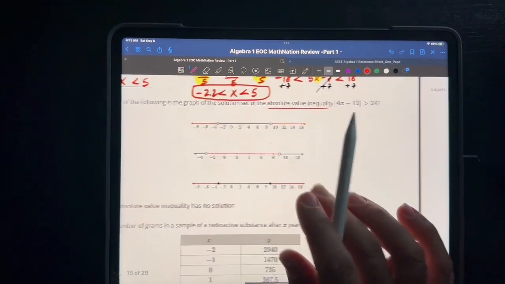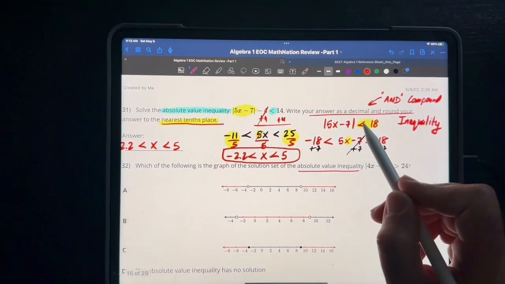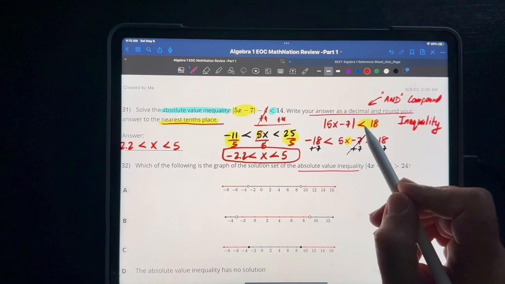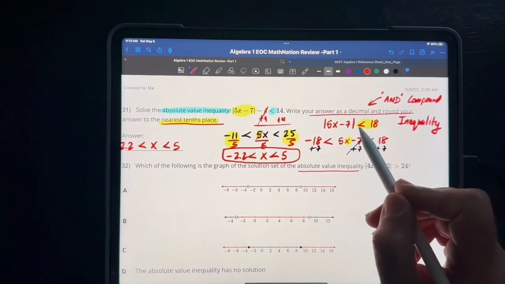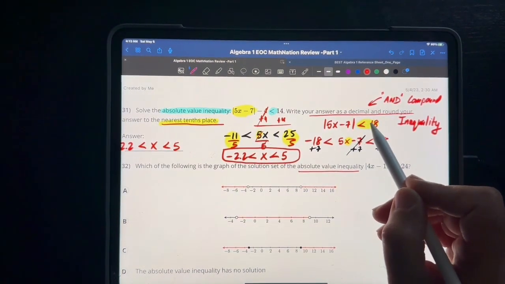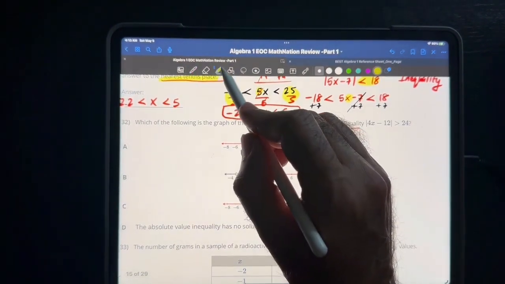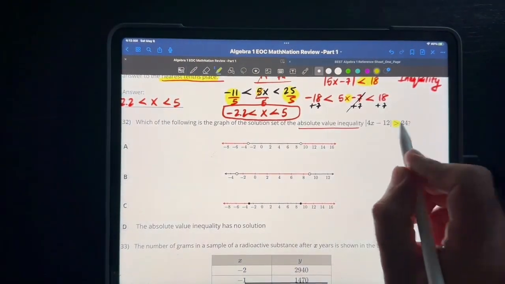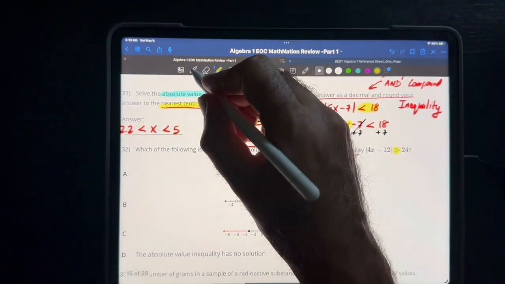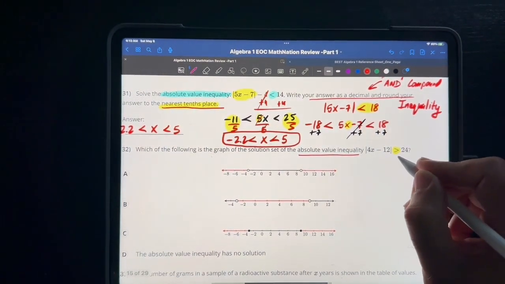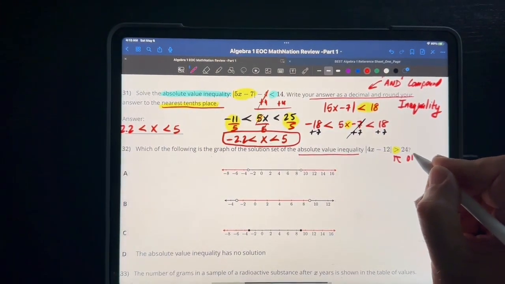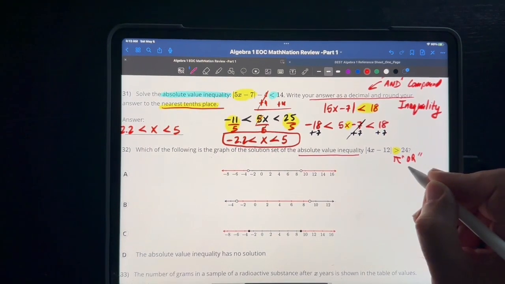Okay. Now, the key thing here, notice this one was pointing in, all right, like this way. This is going to be an AND problem. This one is pointing out to the number. So this will be an OR. This is going to be an OR compound inequality.